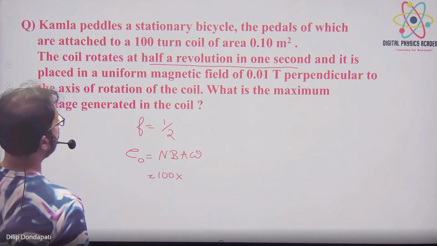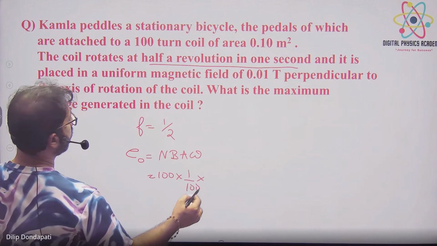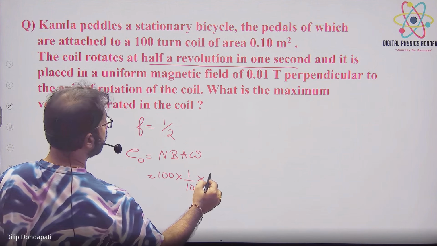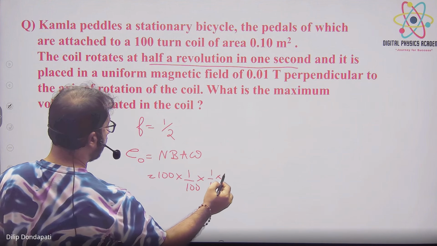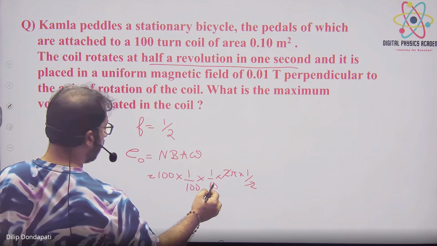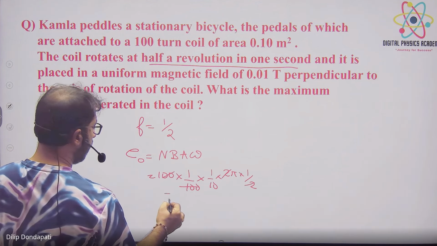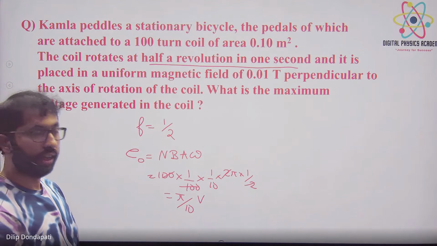Magnetic field is 0.01, that is 1 by 100. Area of the coil is 0.1, so 1 by 10. Into omega, which is 2 pi into 1 by 2. So the 2 cancels, the 100 cancels. It is pi by 10 volts. This is the EMF induced across the coil.